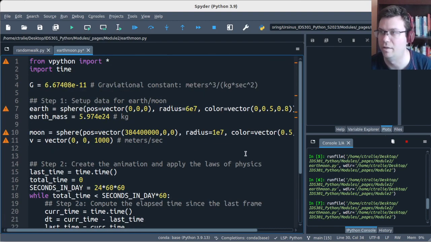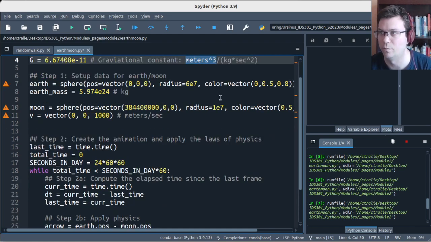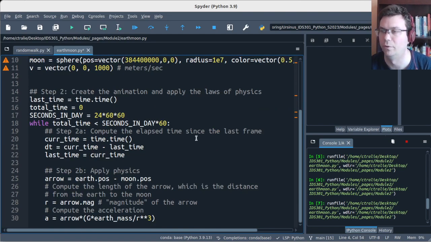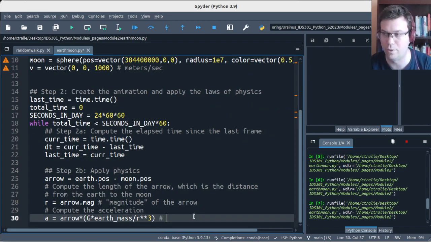Okay, so that's why we see these particular units here: meters cubed, kilograms, and seconds squared. So the units of this will be per second squared. So those are the units of acceleration.